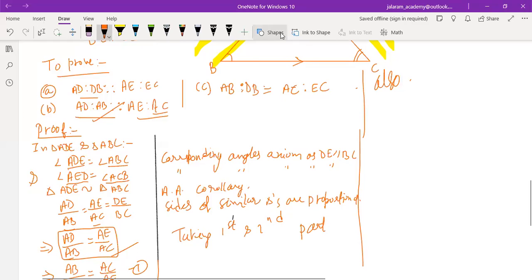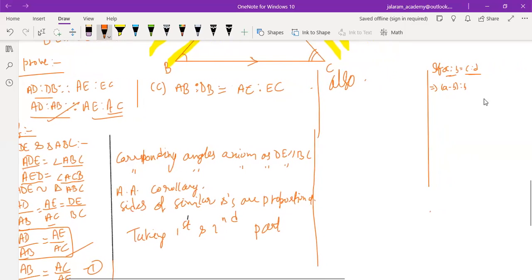The property of dividendo in ratio and proportion states that if A is to B is proportional to C is to D, it implies A minus B is to B equals C minus D is to D.